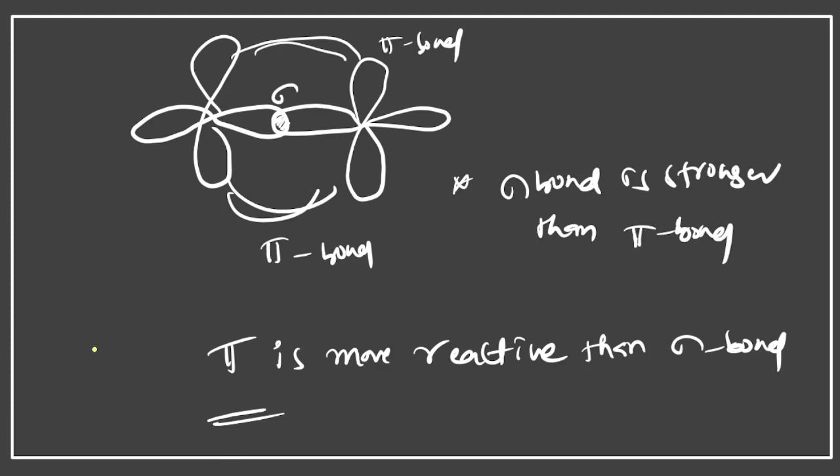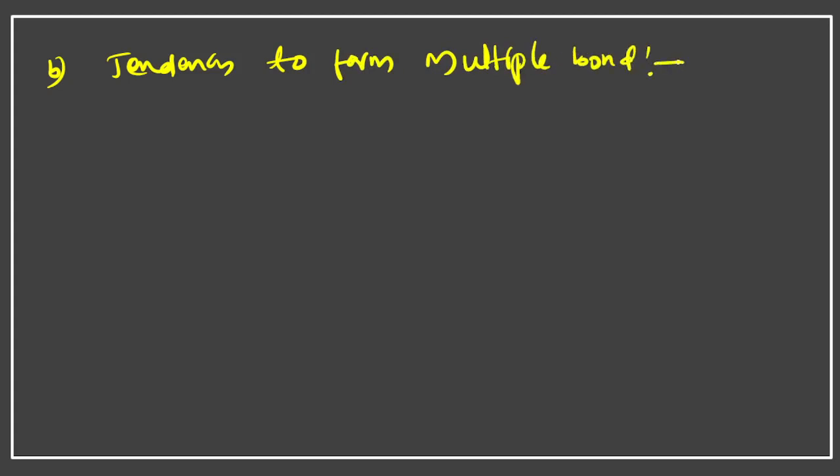The next character is a tendency to form multiple bonds. The first character was tetravalency, and the second character is a tendency to form multiple bonds. What is meant by multiple bond? Double and triple bond.